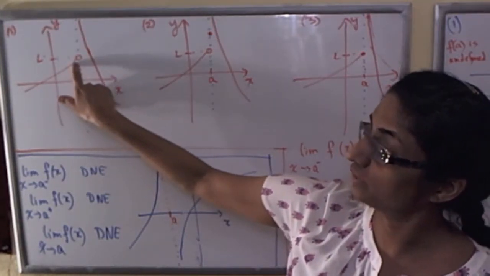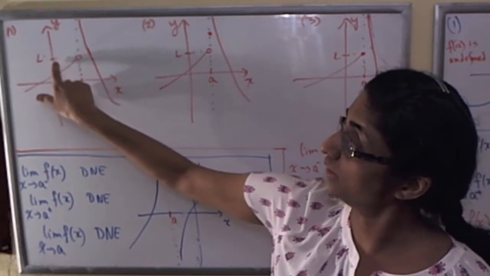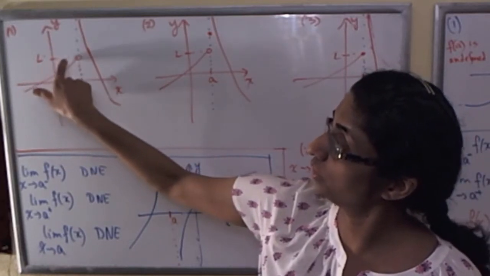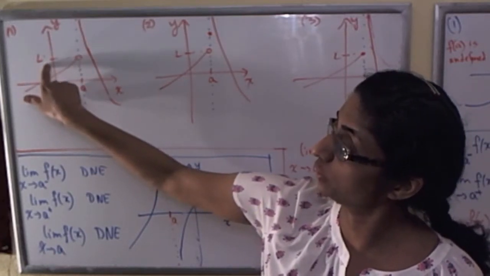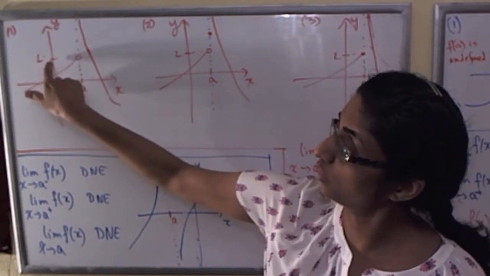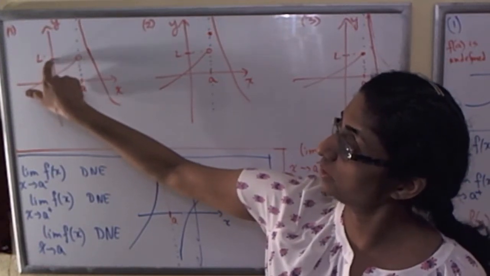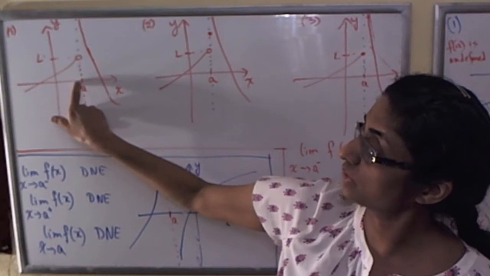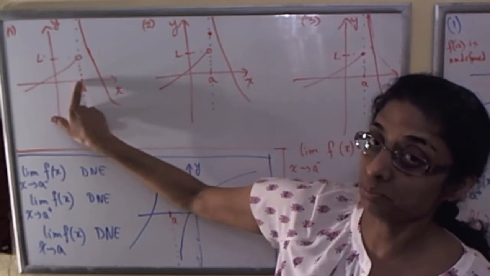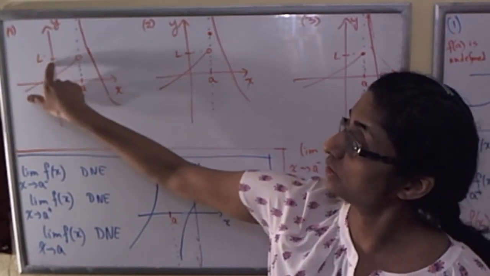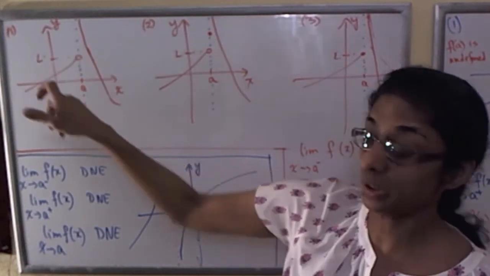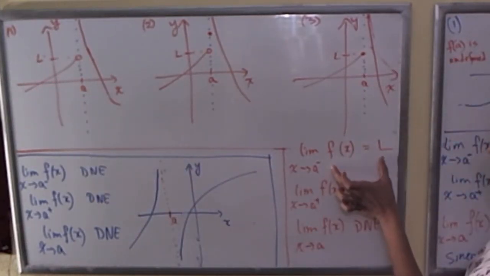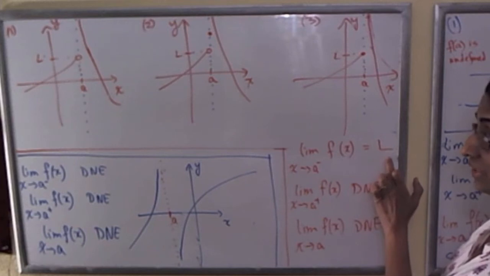Go up to the graph, go to a point, and then look at the y-coordinate of that point by going to the left and reading off on the y-axis. That's a number close to L. As you get closer and closer to a, but never being on top of a, you'll see that the corresponding value gets closer and closer to L. That's how we figure out that the left-hand limit is L.